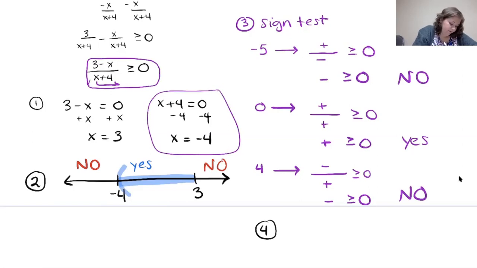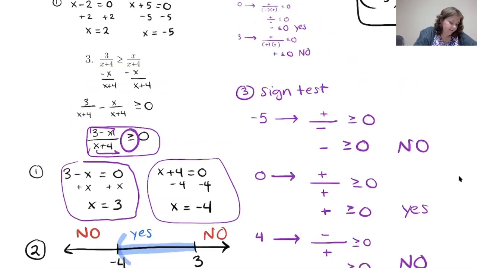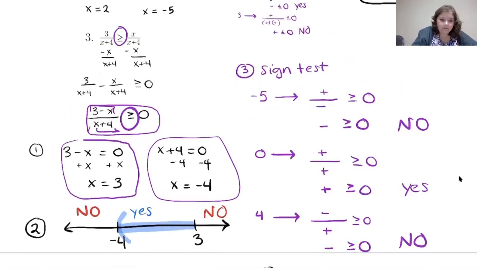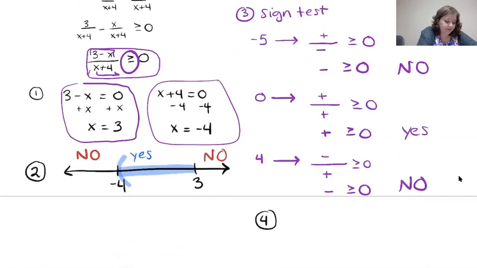3 came from when we set 3 minus x equal to 0, which came from the top. So since it came from the top, the way that we figure out whether to use a bracket or parentheses is we have to look at this sign. It's also the sign of the original equation. So that is inclusive.